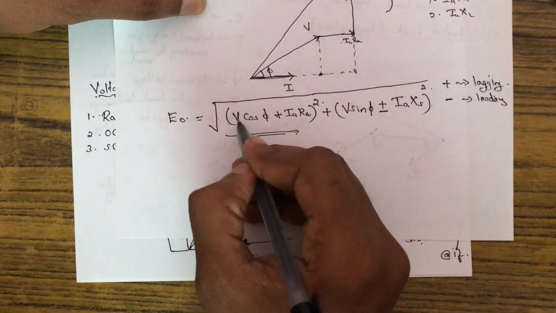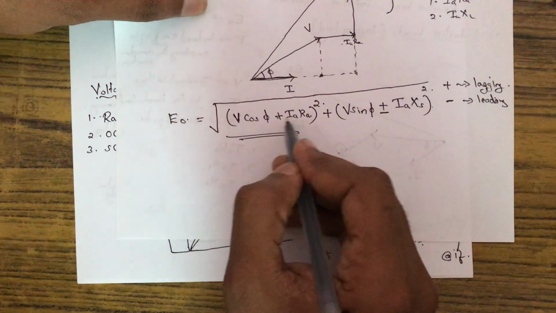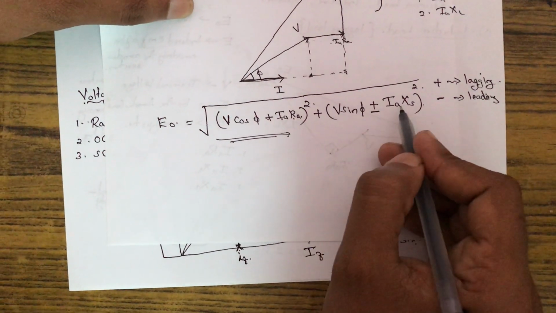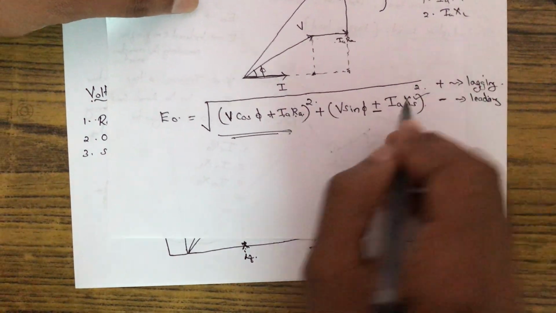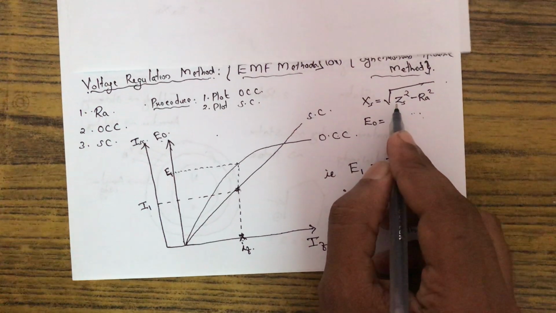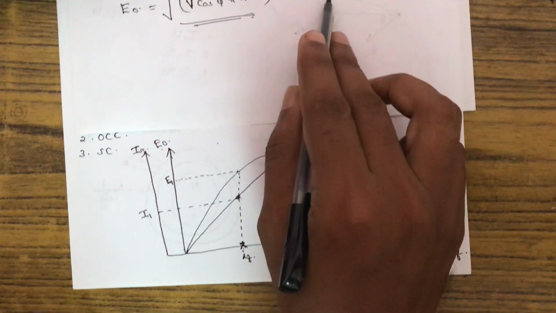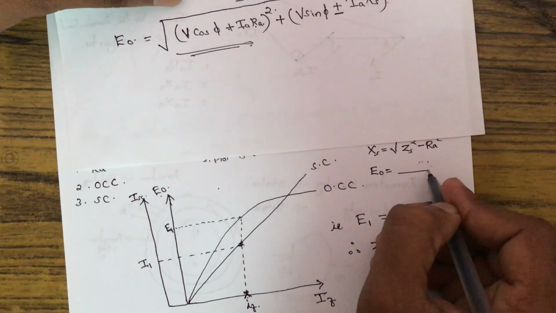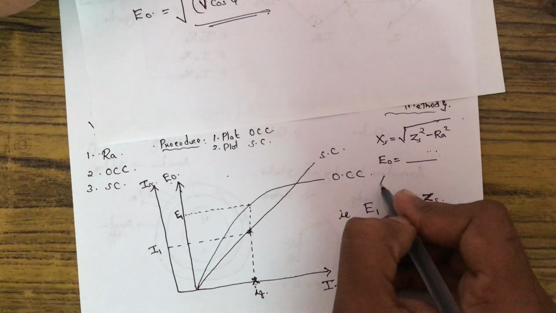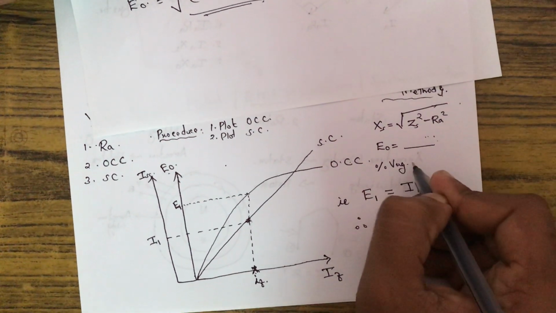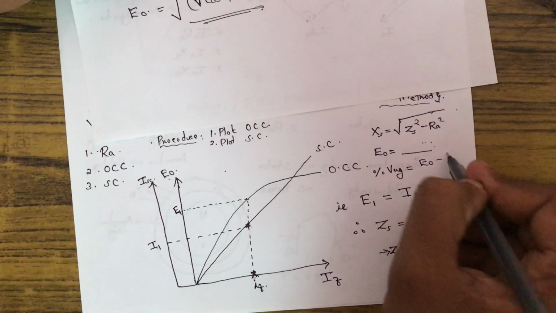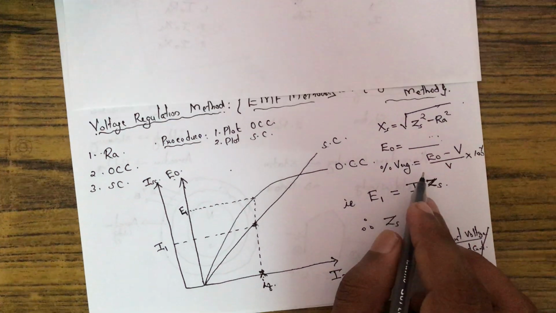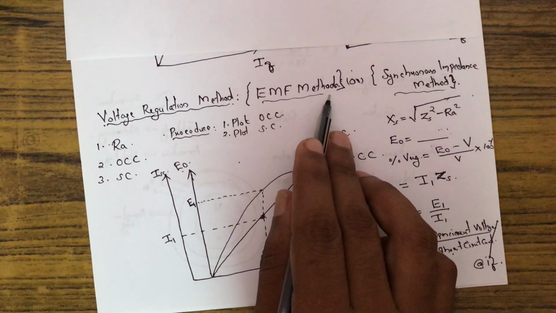If we know the terminal voltage V, cos phi is given, IA we know, and RA is known, and we have got XS from ZS, then substituting the values in this equation we get the value of E naught. Then the percentage voltage regulation is equal to E naught minus V by V into 100. Thereby we can find the voltage regulation of an alternator by the EMF method.